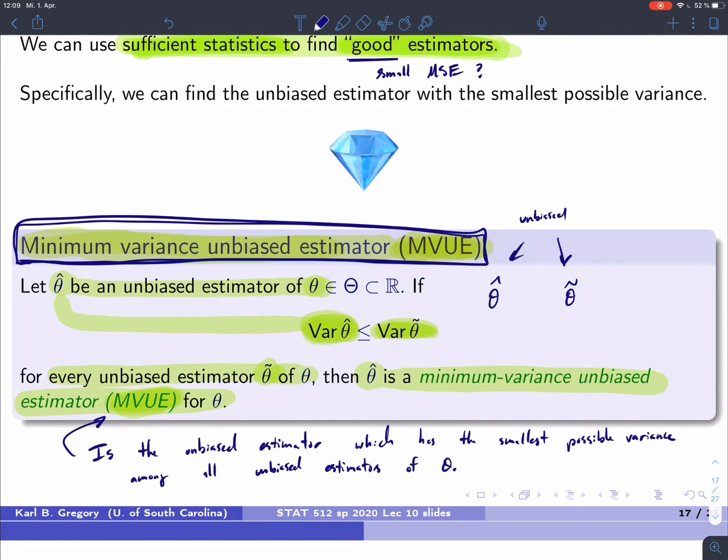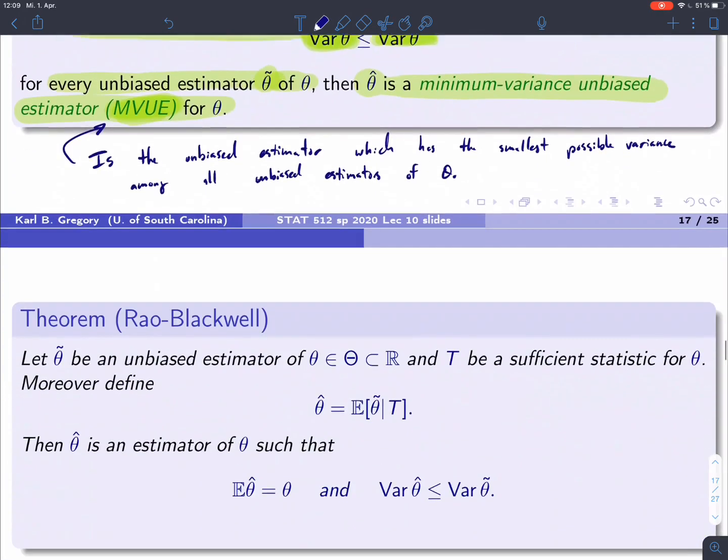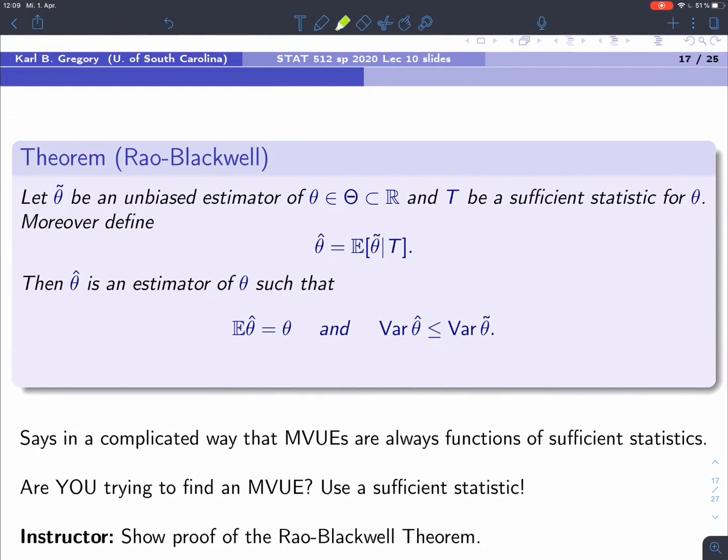We're going to be trying to find such estimators, the minimum variance unbiased estimators. And the theorem on the next slide is going to tell us where we should begin looking for the minimum variance unbiased estimator. And it tells us, in kind of a confusing way, that we should begin with a sufficient statistic.